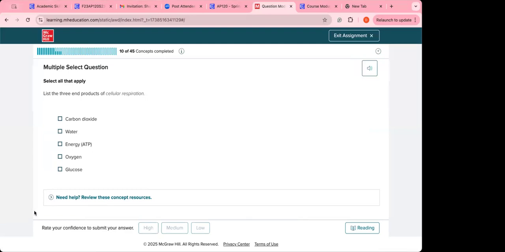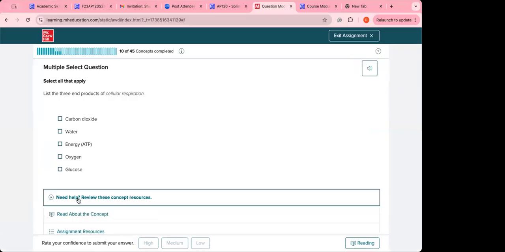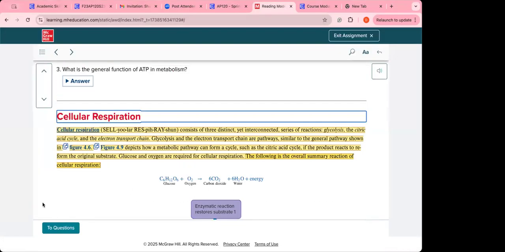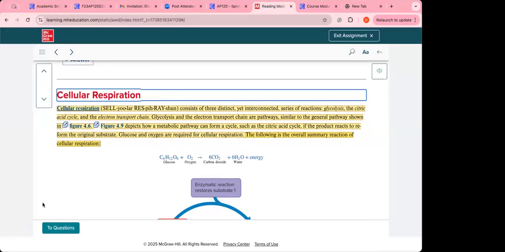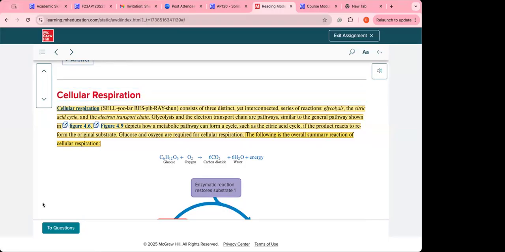Okay, we haven't had this question before. The three end products of cellular respiration. Cellular respiration consists of three distinct yet interconnected series of reactions: glycolysis, the citric acid cycle, and the electron transport chain.